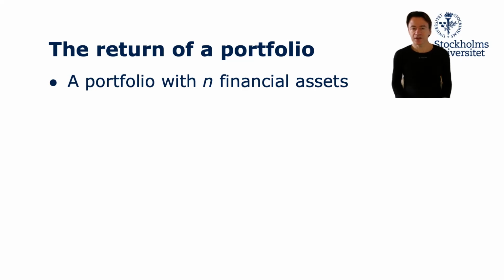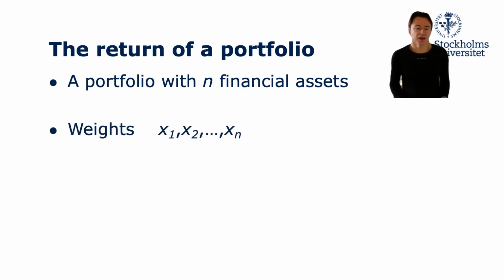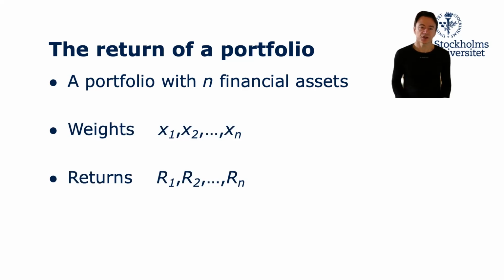The logic of the previous example can be used to find the return of a portfolio of any number of assets. Say N. If we name the assets as asset 1, asset 2, asset 3, and so on, up to asset N, the weights, using again X to denote weight, can be referred to as X1, X2, and so on. And using capital R to denote return, the returns can be referred to as R1, R2, and so on.